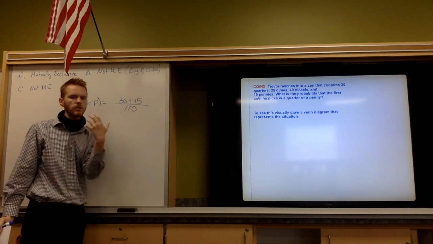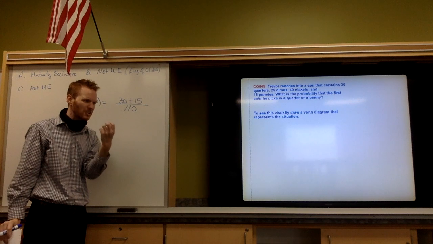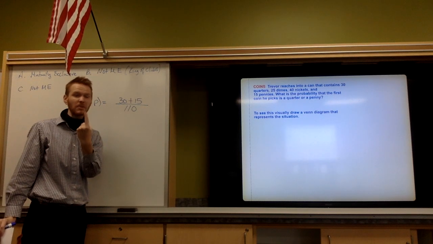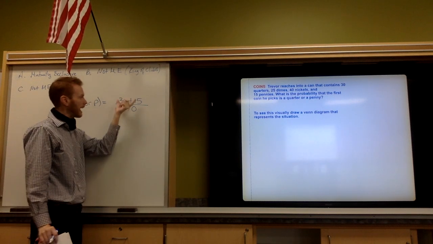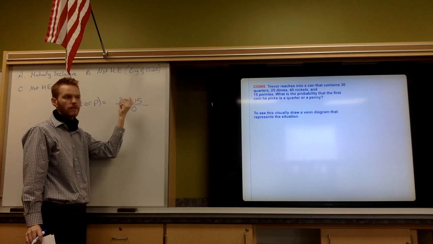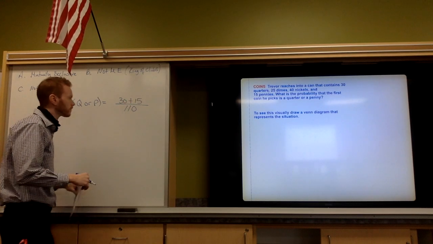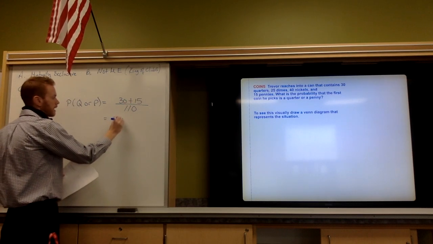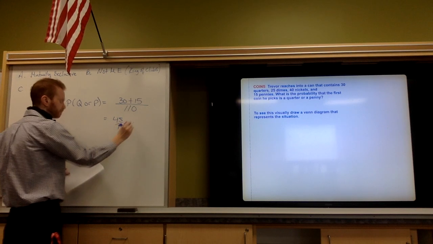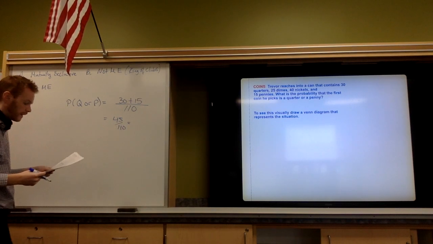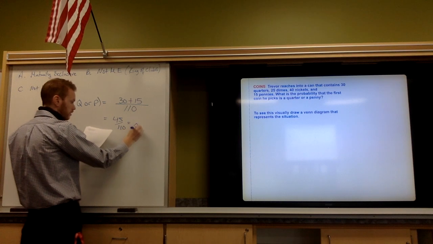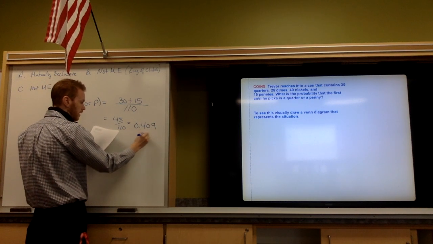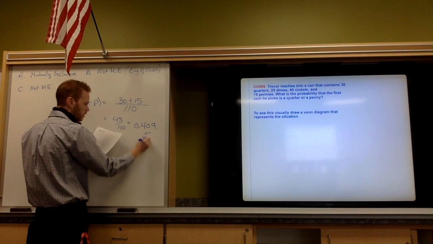But I'm no longer interested in one event, I'm interested in two events. So I'm going to add those together because there's more I'm interested in. That'll be 45 out of 110. And when you divide, you get 0.409, or roughly 41%.